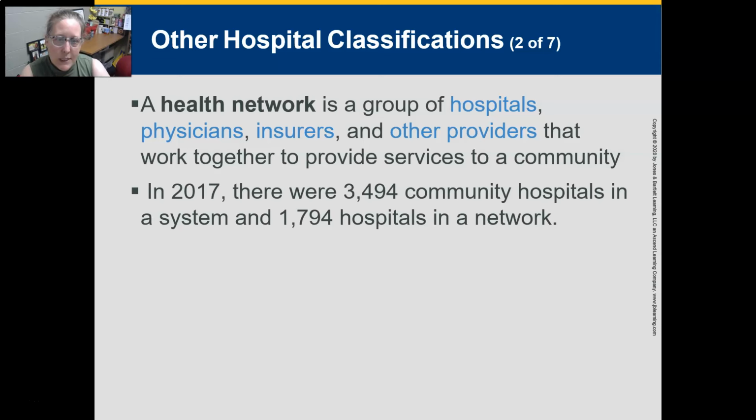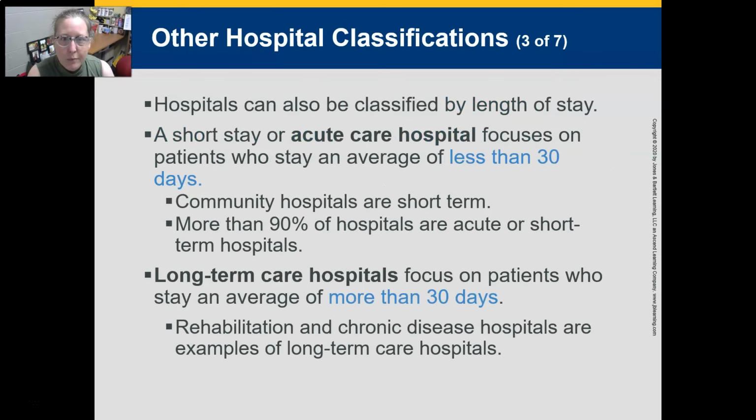In 2017, there were 3,494 community hospitals that were in a system and 1,794 hospitals that were in a network. So it is, again, a growing trend for financial stability and many other reasons.